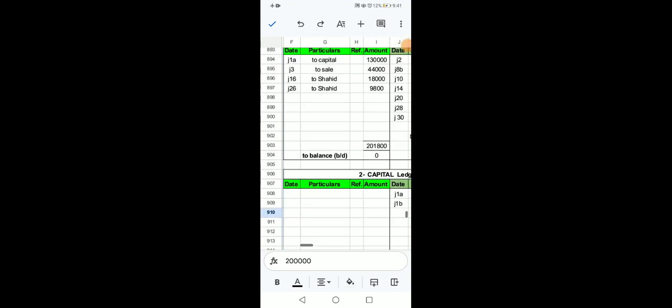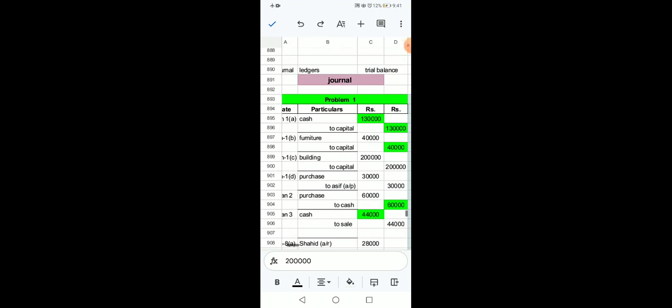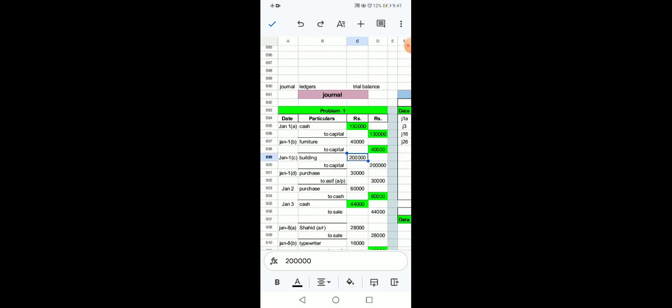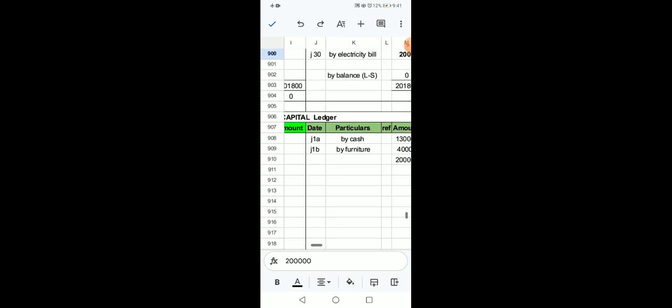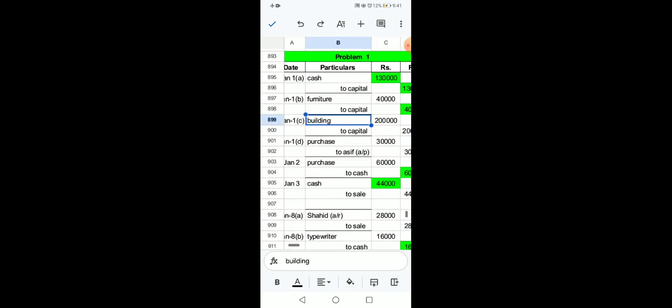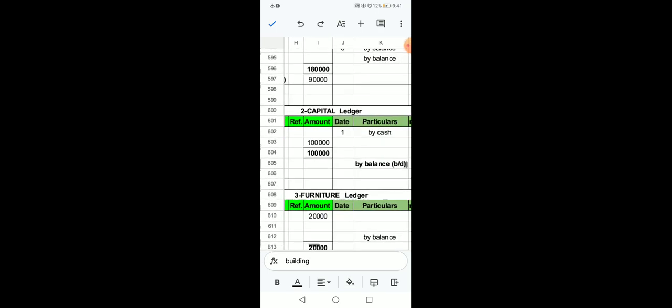I was wondering, if cash was 130,000 and furniture was 40,000, how come 2 lakh? So it was the building. It's all right. We have clarified and confirmed the amount is 2 lakh. Capital is credited by 2 lakh rupees. What is written on the opposite side? Building. Building will be used for reference.